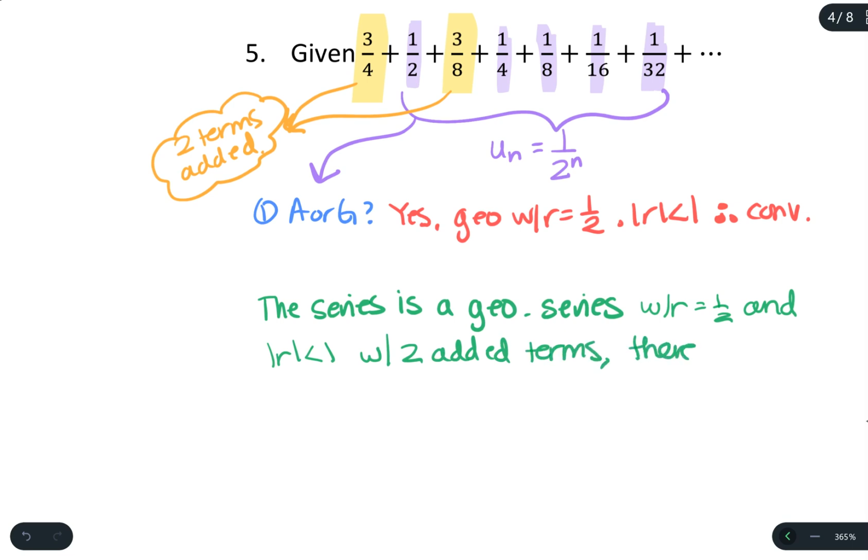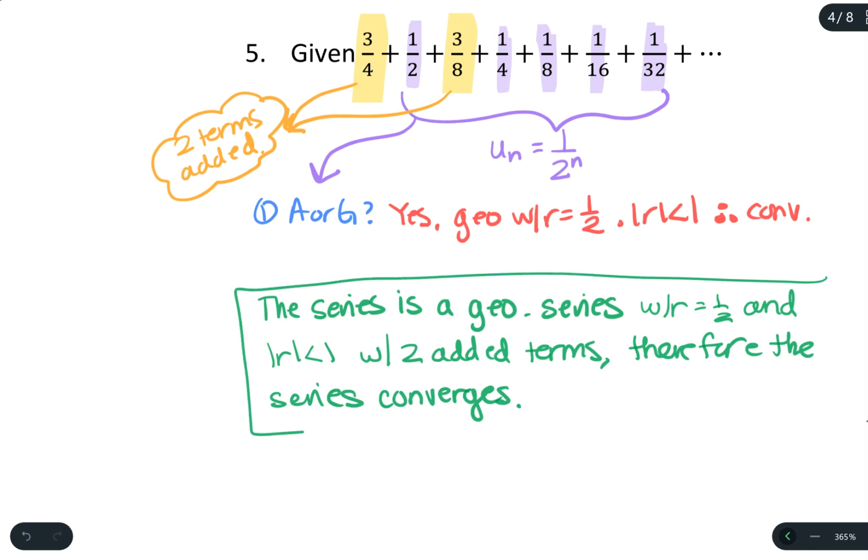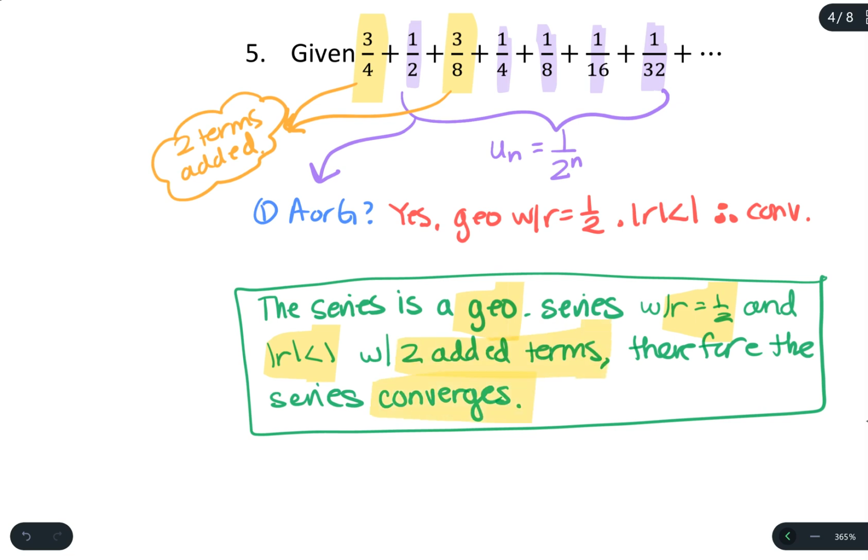Therefore, the series does exactly what the geometric series does, which is converge. So requirements here: we need to say geometric, r value, absolute value of r is less than 1, added terms, and then what it does, converging or diverging.